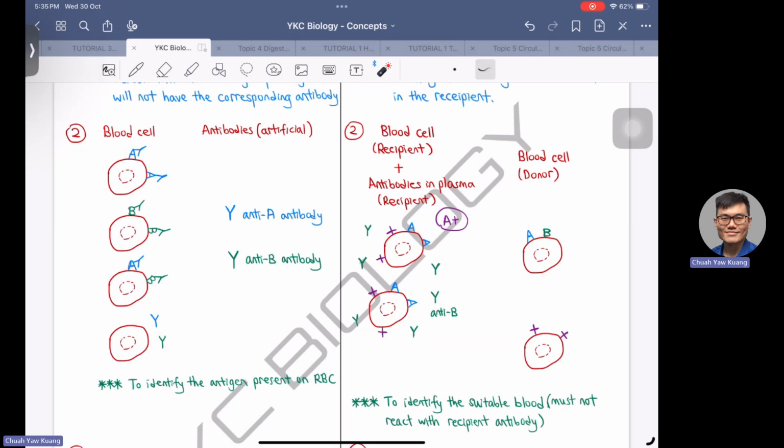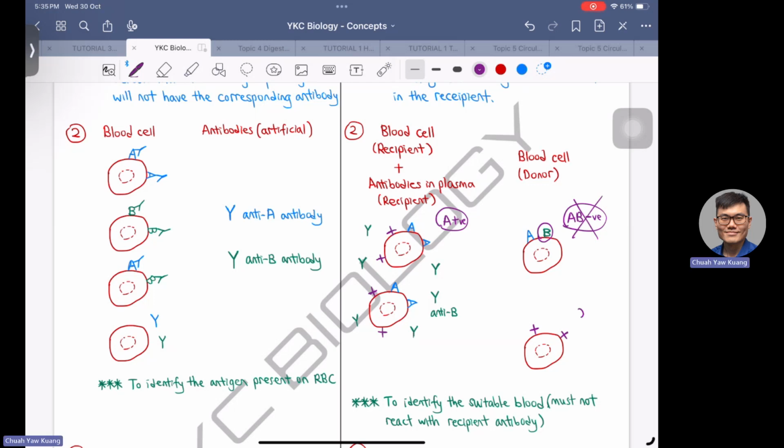What if we transfuse this O positive blood? This is AB negative. This is A positive. So this one cannot be donated, because it has this B antigen.